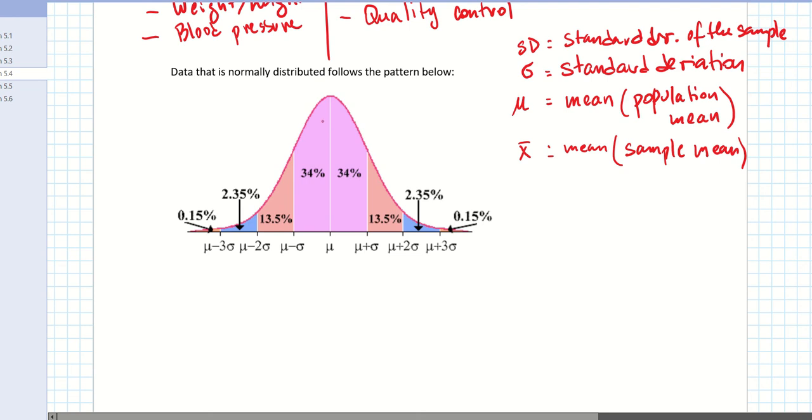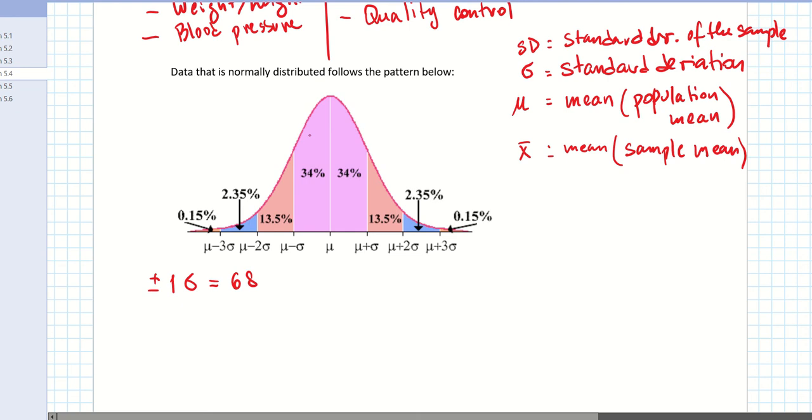And the area between the plus minus one standard deviation, so each one standard deviation to the left or right, is 34%. So if you take this total between plus minus one standard deviation, you're going to get 68%. If you add 34 plus 34, you're going to get 68. So that's the pattern that we should remember from this diagram. If you go plus minus 1 sigma, or one standard deviation left and right, you're going to get 68% in total.